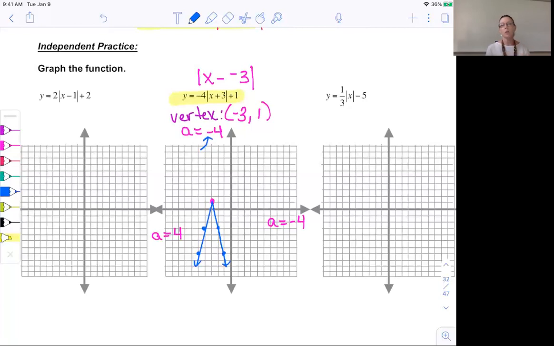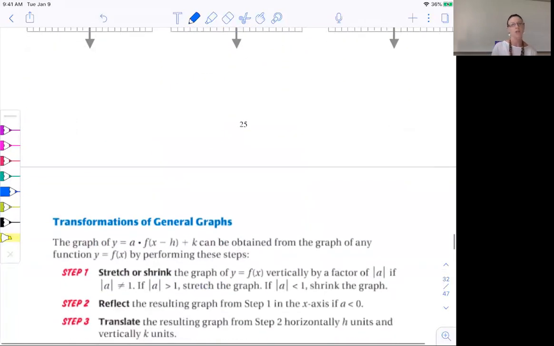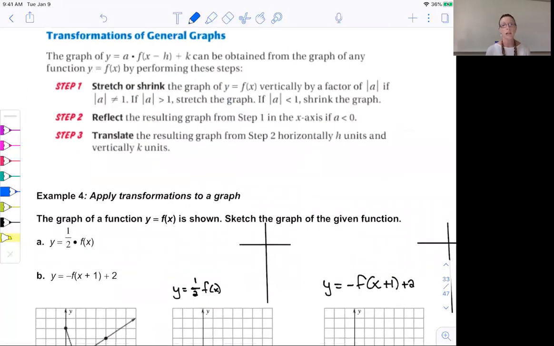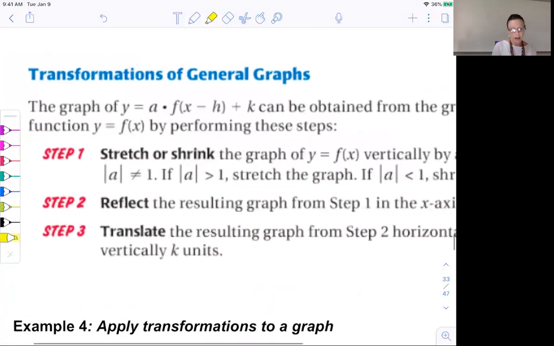So every equation, the pieces of the equation do the same thing. It has the same effect on the graph. And that is the goal of a transformation, to understand that where the letters are located, they each represent something in the graph. So if you look at the equation that they're giving you, we have y equals a f of x minus h plus k.